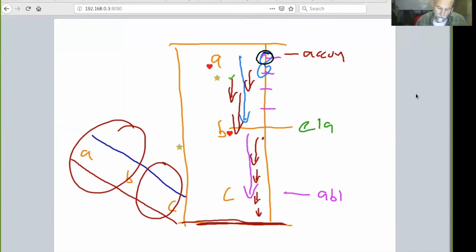And so your profile looks more like this: it's slowest at A, gets to be fastest and generally thickest at B, and then it slows down towards the ablation zone.